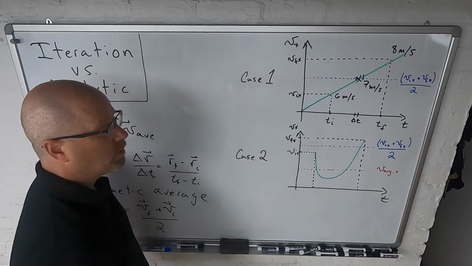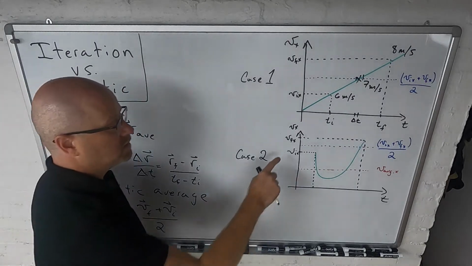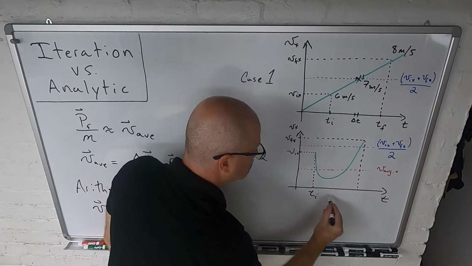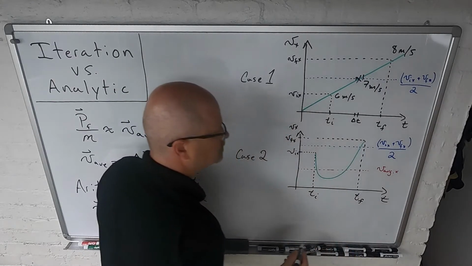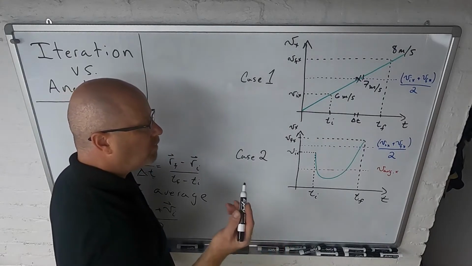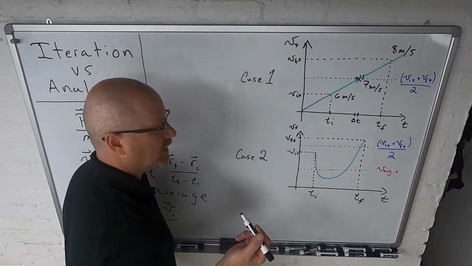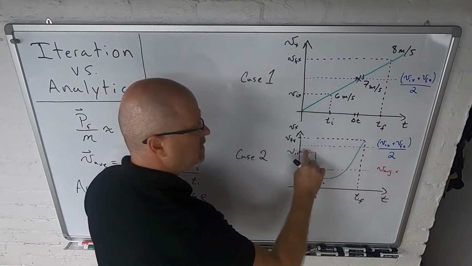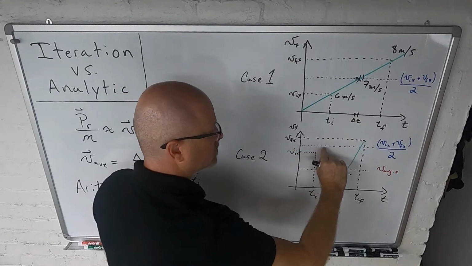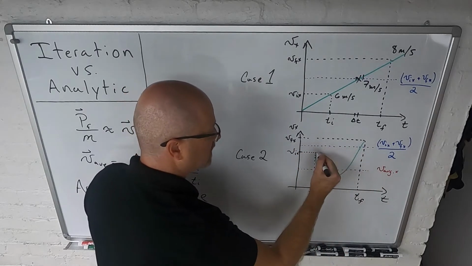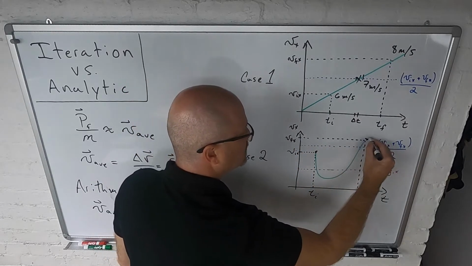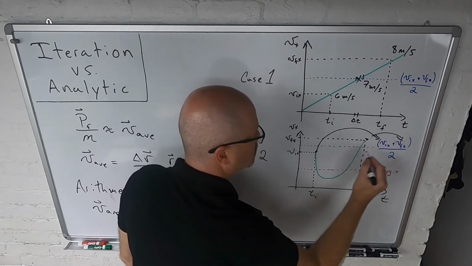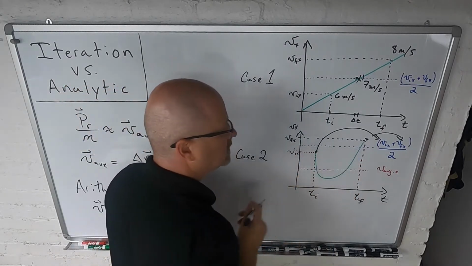But if I asked, well, what's the arithmetic mean velocity in the interval t initial to t final, well, I would get an answer that doesn't really look like the actual value of the mean velocity. This velocity here is way too high. If I just take this time point and this time point and plug them in here, I get a value that's extremely high.